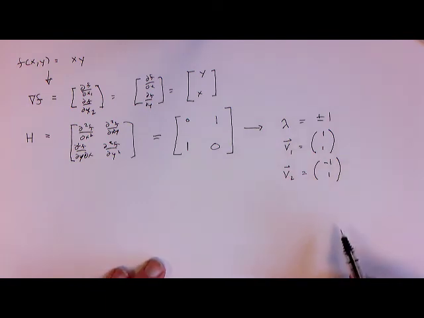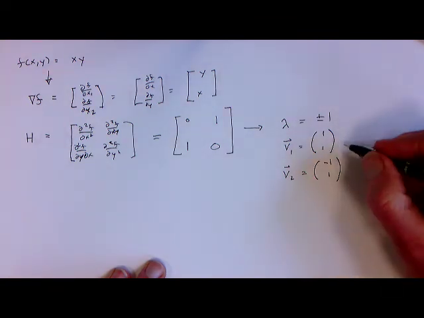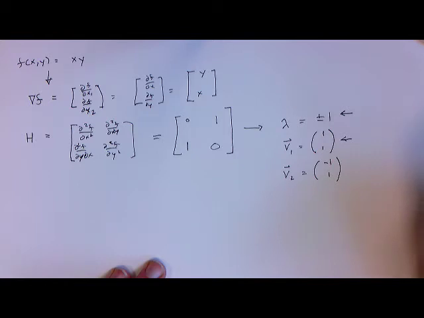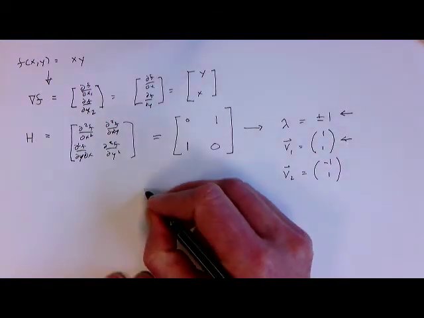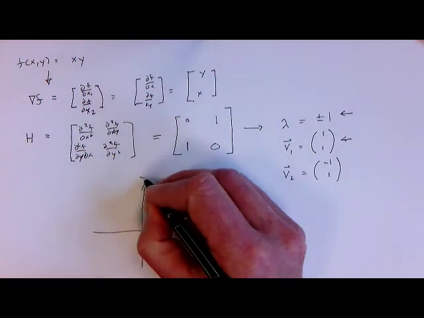Okay, well, that's interesting, but what do these actually tell us? Well, let's think for a second about what these directions are, and then what the values of the eigenvalues are. If we go back to the picture, here's our original coordinate system, x and y.